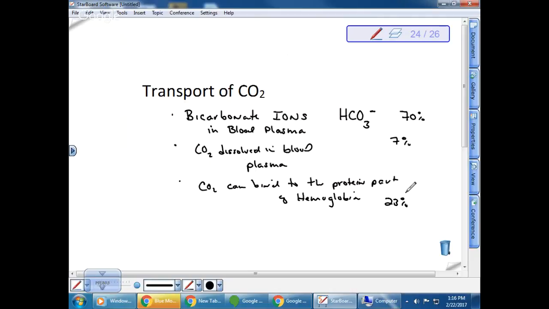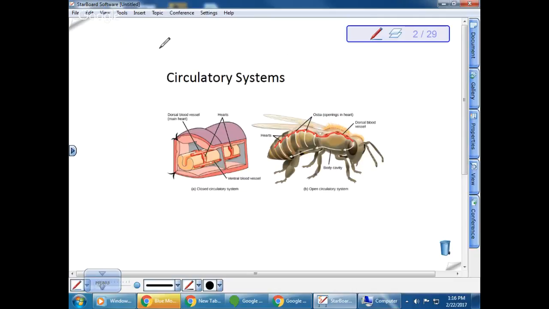Okay, so we're going to start with the circulatory system today. Okay, so this is another chapter in your book. And I just want to point out that we've talked about the difference between closed and open.